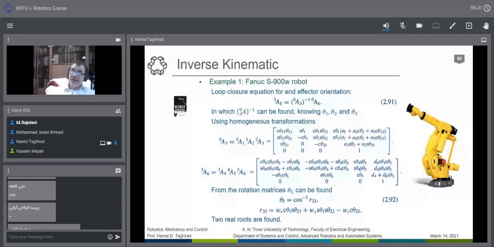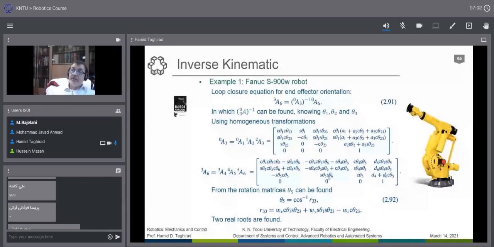So if sine of theta 5 is not 0, then you can use this solution to find theta 4 by tan 2. And the same thing we can do for the 3,1 and 3,2 components. These two components have sine of theta 5, cosine of theta 6, and sine of theta 6. So you have two parameters. You can use tan 2 for theta 6.